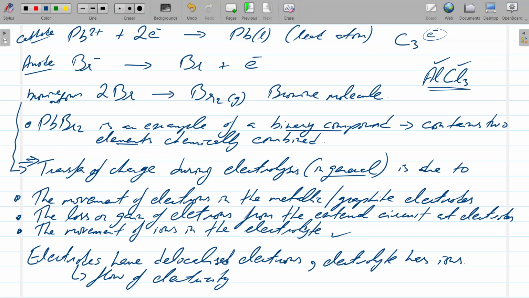Those are ionic compounds and they cannot be separated easily, so they need to be separated via electrolysis. So electrolysis is used to separate and extract aluminium from its ore.